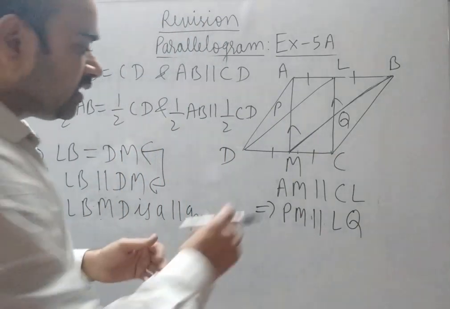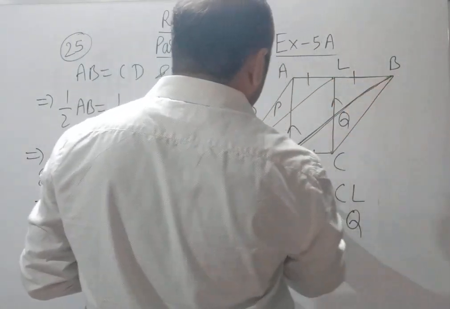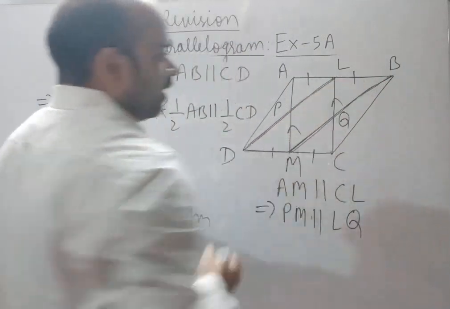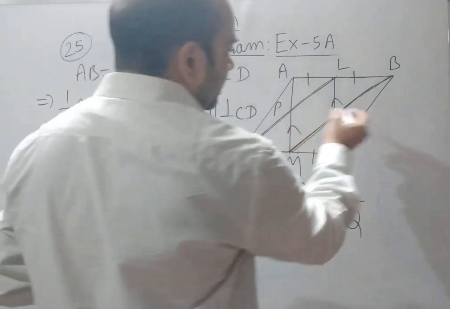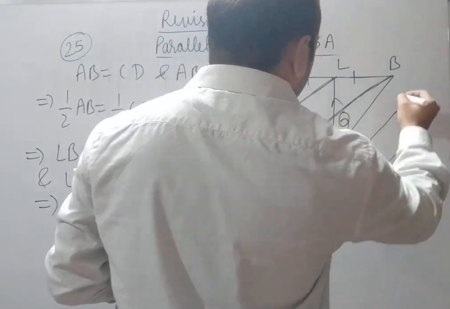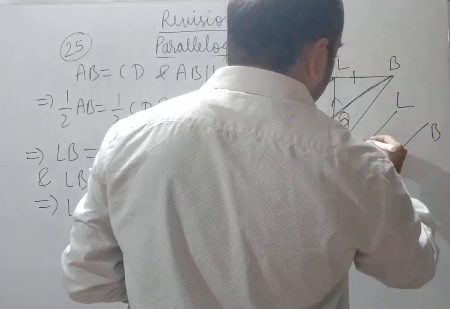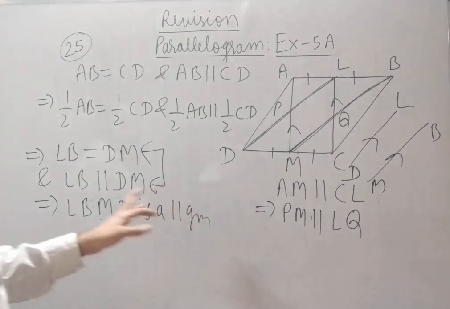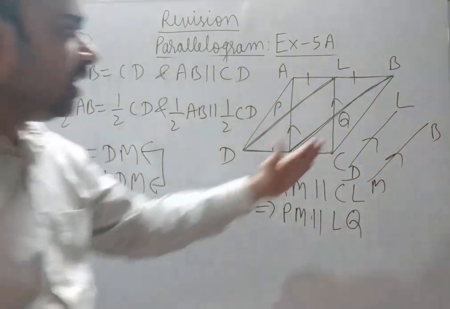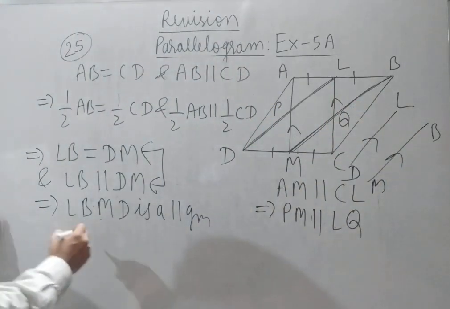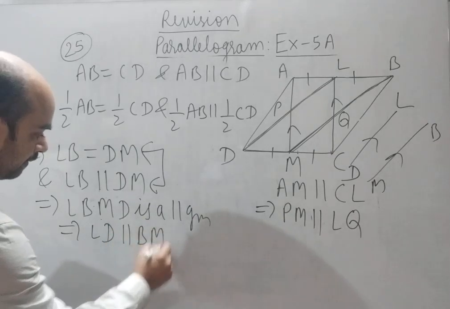And again, if this is a parallelogram, parallelogram means opposite sides will be parallel. Opposite sides means we can take these two opposite sides. Which one? LD and BM. Correct? If LBMD is a parallelogram, both pairs of sides will be parallel. It means LD will be parallel to BM.